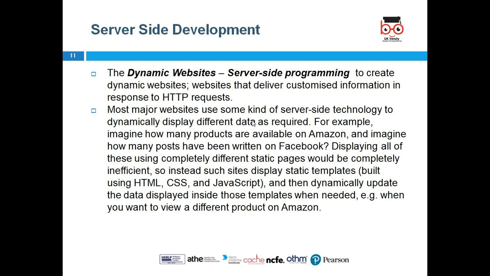So that PHP file would be a combination of HTML code as well as PHP code, and the final output of the PHP code would be static HTML, which would be sent to the client.